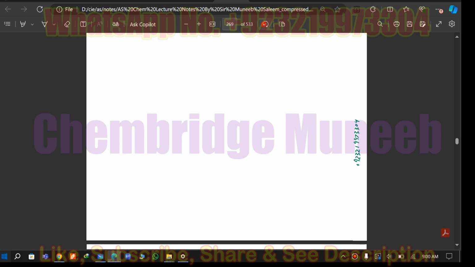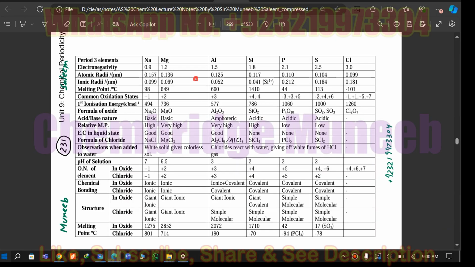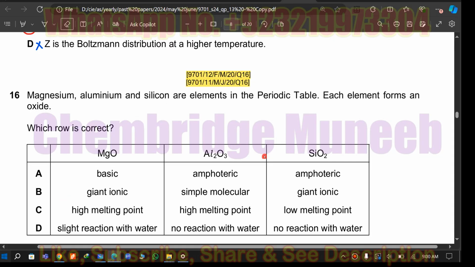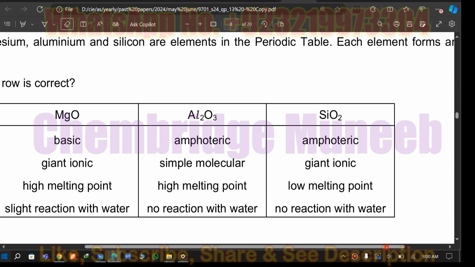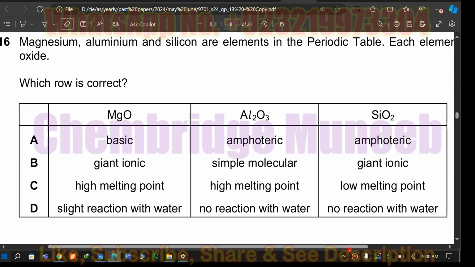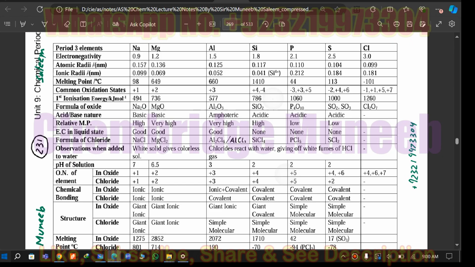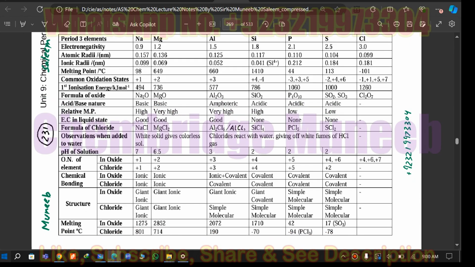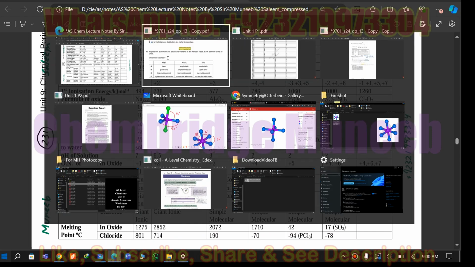Now we need to check the properties of these 3 elements at the same time. We need to tick all the relevant properties, and all those properties which are clear from this table will be checked, whereas those which are not in this table will be separately discussed.